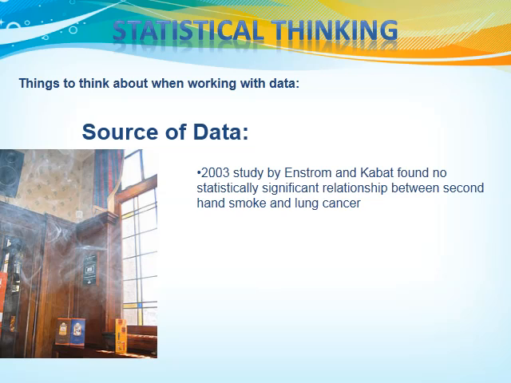Now this probably goes counter to basically what most people feel about secondhand smoke, or what you've heard about secondhand smoke. But nonetheless, in 2003, we had this study that showed that there was no statistically significant relationship between secondhand smoke and lung cancer. So you might be doubting it at this point.